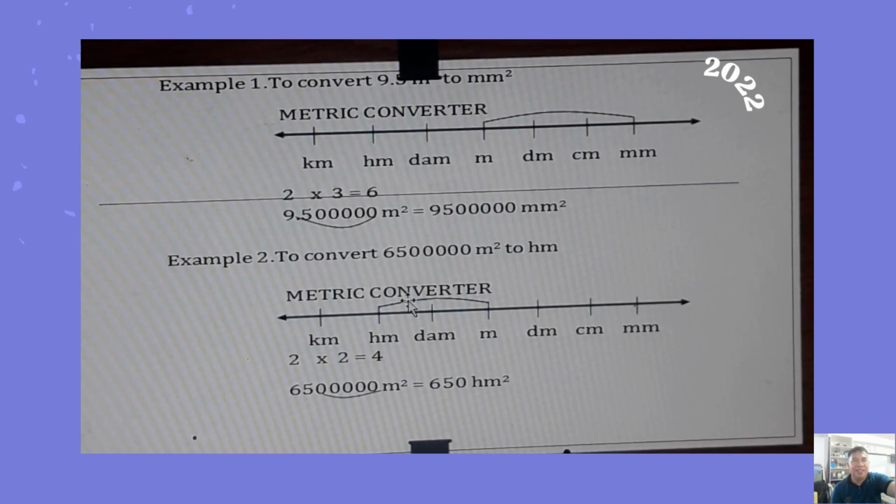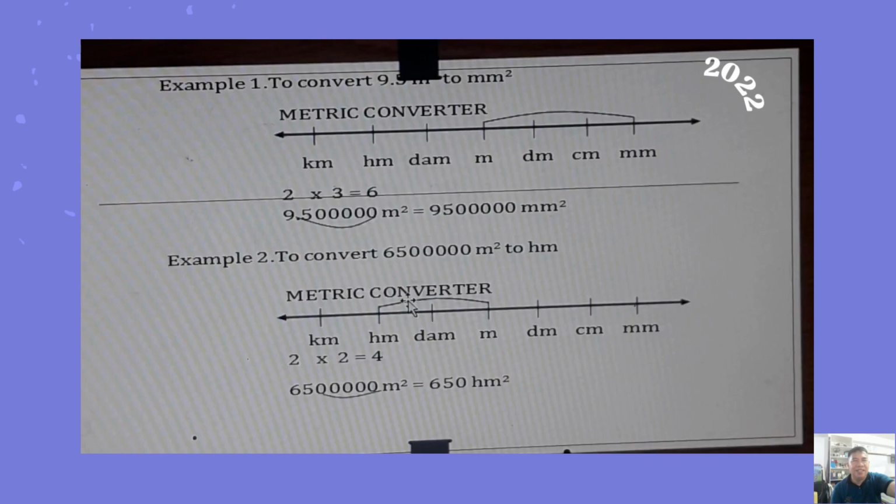So that means to say that if the given is 6,500,000 meters squared, we are moving the point 4 times to the right side.